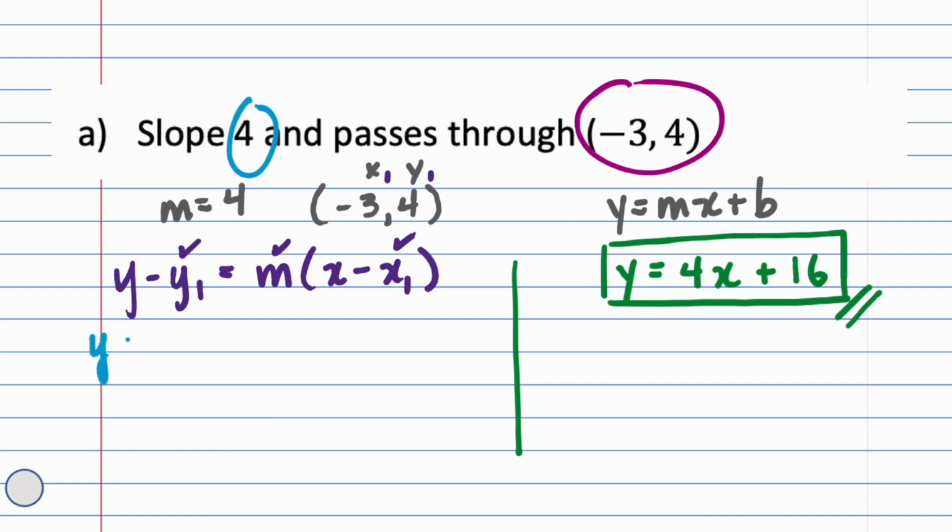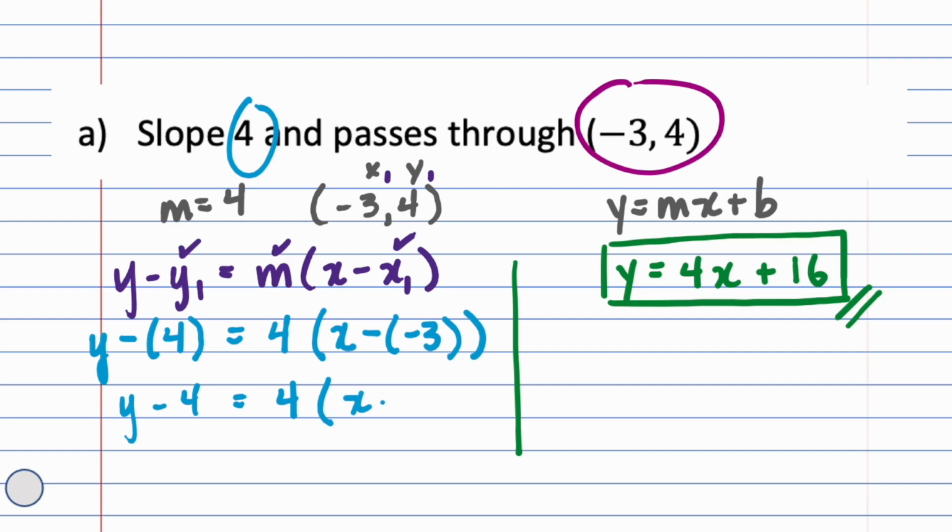We have y minus 4 is equal to, slope is 4, and we have x minus the negative 3. y minus 4 is equal to 4 bracket x plus 3. The y value was a 4, and in this equation we change it to a negative, and the x value was negative 3, and in the equation it ends up being a plus 3.